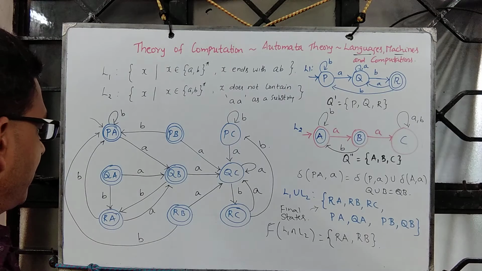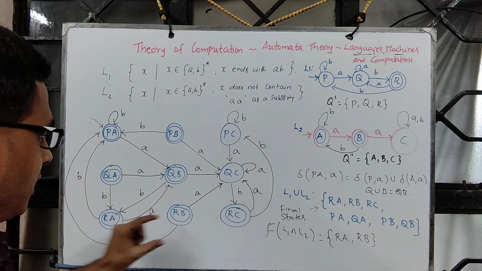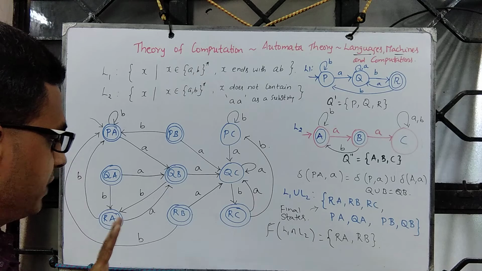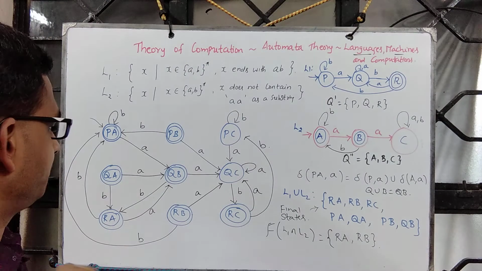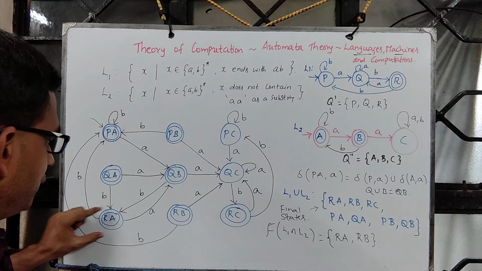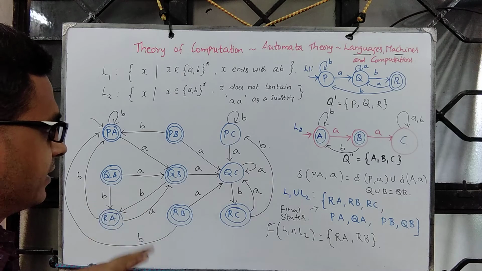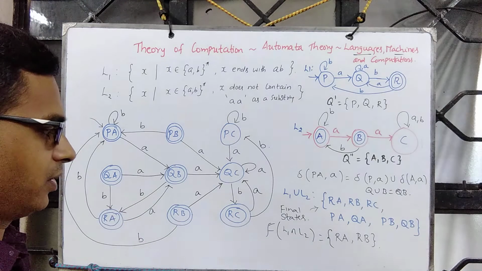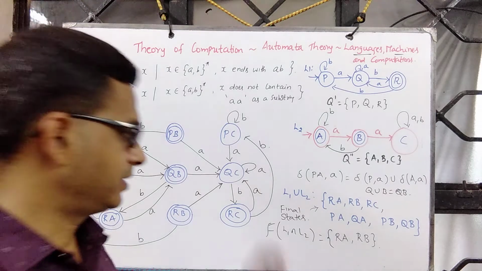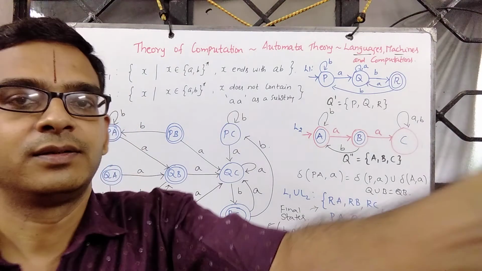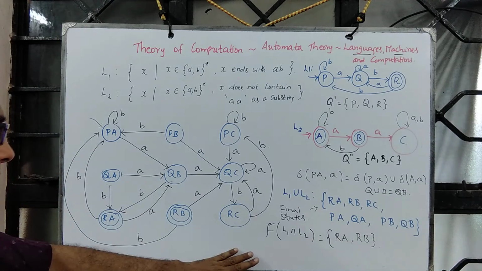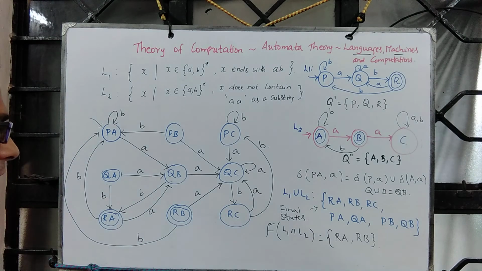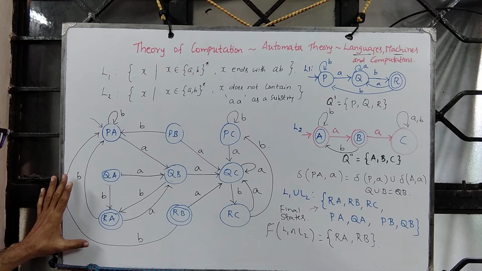If you stop at this or this, then you say accept, otherwise reject. So only these two will be made final states, the rest of them are not. Okay, let's redraw this. So now the automaton corresponding to L1 intersection L2 is precisely this.